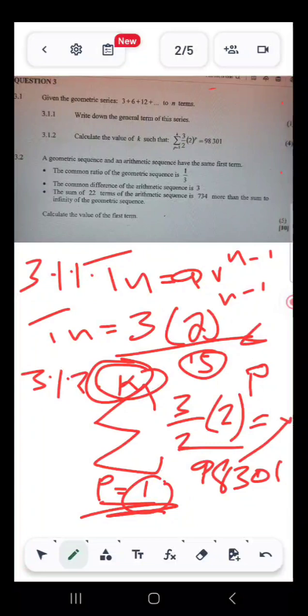So they are also telling us the sum of the 22 terms: the arithmetic sequence has 22 terms, and they give you 734, which is greater than the sum to infinity of the geometric sequence. We must break down the English, and I think we've broken down most of it. Now let's break it down mathematically.